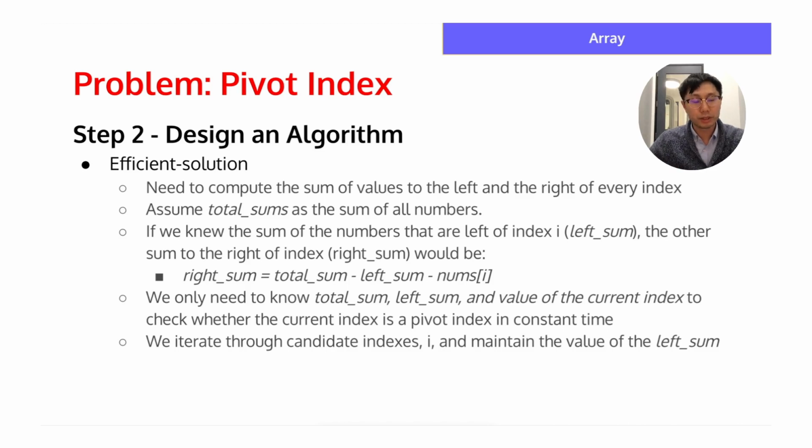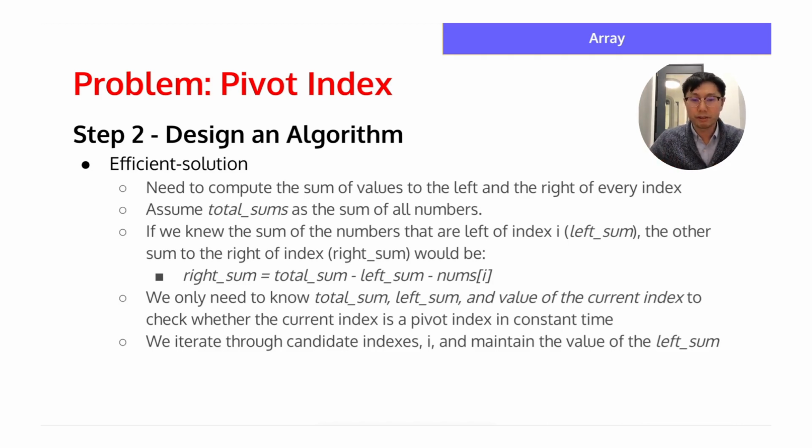An efficient solution for this problem is that we need to compute the sum of values to the left and the right of every index. And assume total sum as the sum of all numbers. If we knew the sum of numbers that are left of index i, which we will call left sum, and the sum to the right of index i, which we will call right sum, then the relationship between the two would be: right sum is equal to total sum minus left sum minus the number at that index i.